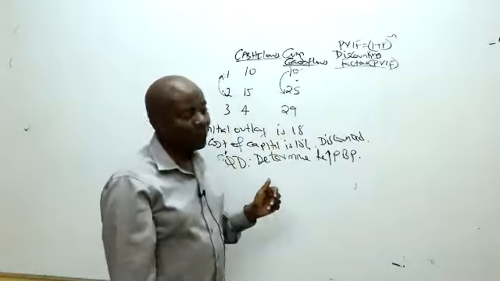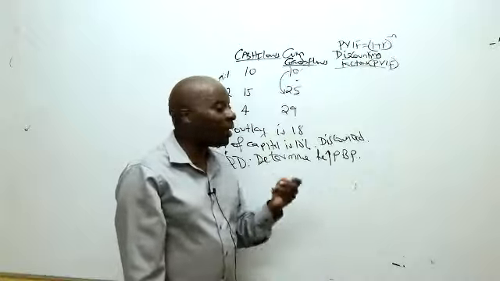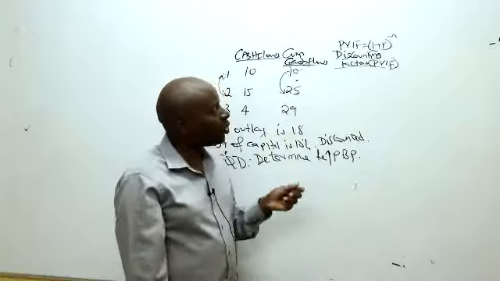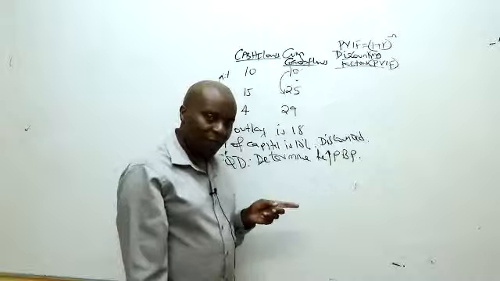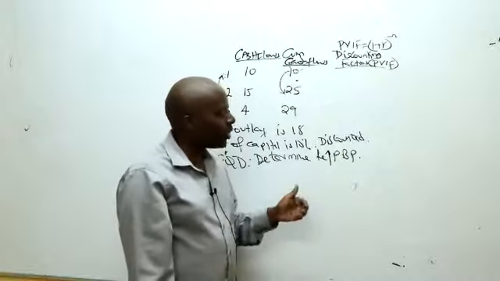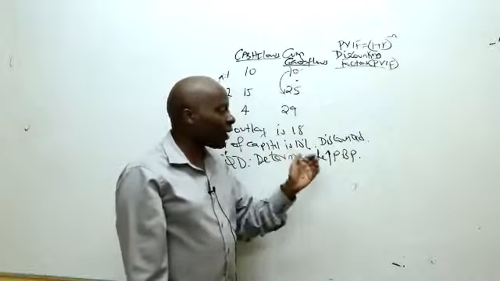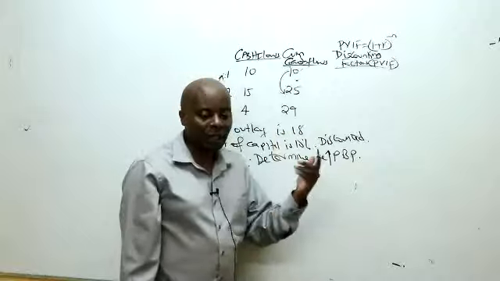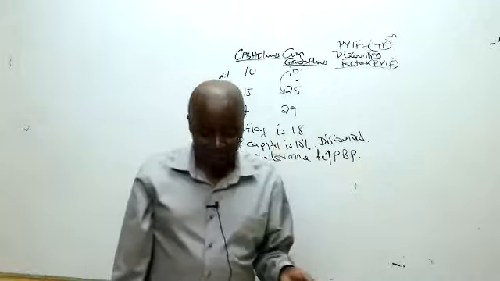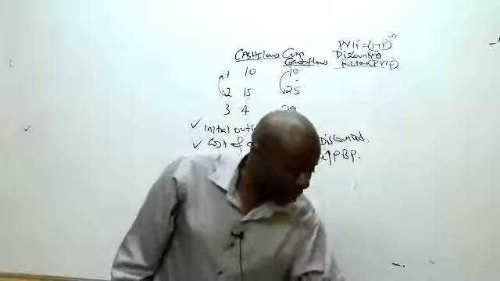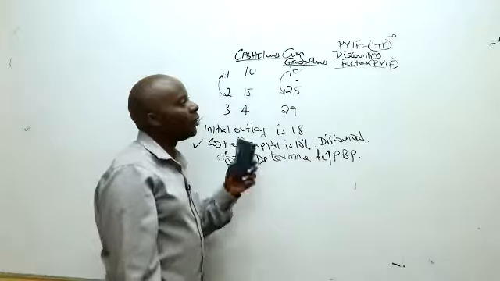But normally what I tell my students is that I prefer students who are able to use the formula throughout. Because in most cases, they'll give you a cost of capital which is not within the table, like 9.2, etc. So we are better off always knowing how to discount using a calculator.